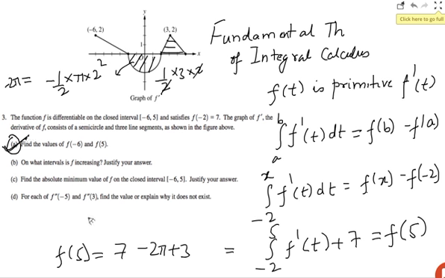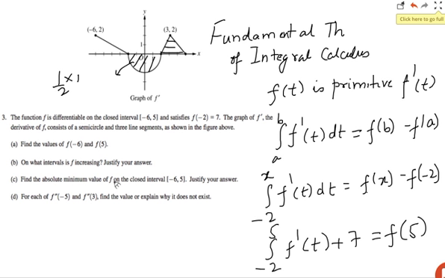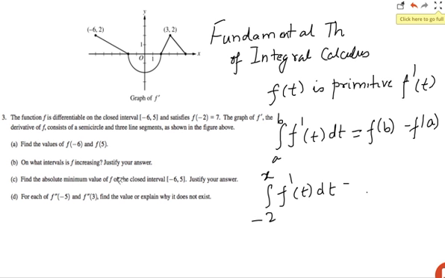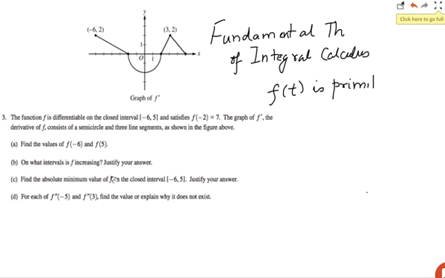Now moving on to the second part. Okay, so let me just clear off the screen a bit so that I have some space to write on. Now, the second part of the question asks you, in what interval is the function increasing?